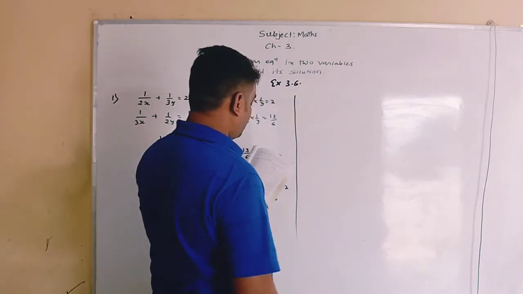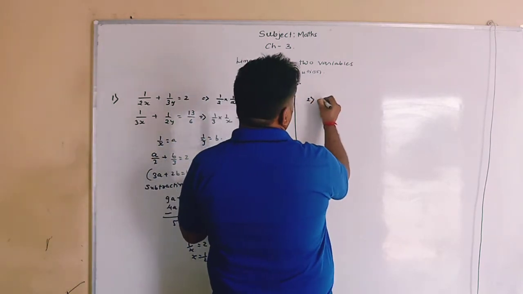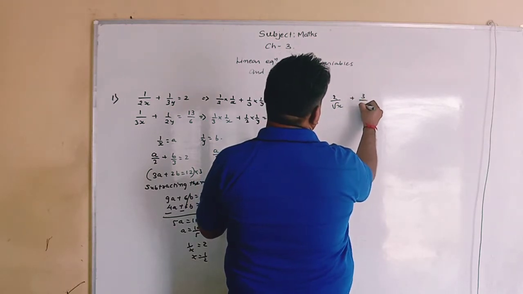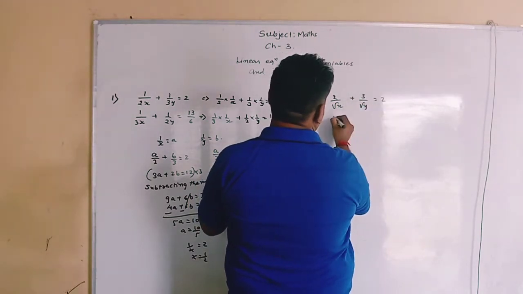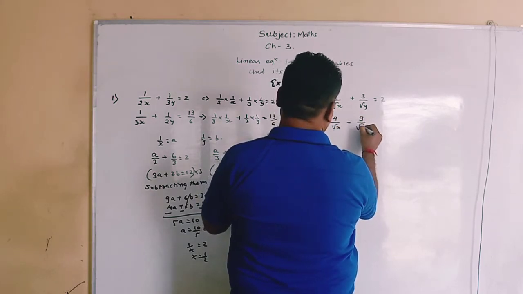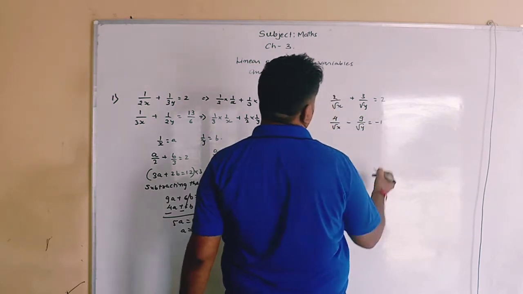Now second question, we have 2 by root x plus 3 by root y equals 2, and 4 by root x minus 9 by root y equals minus 1.